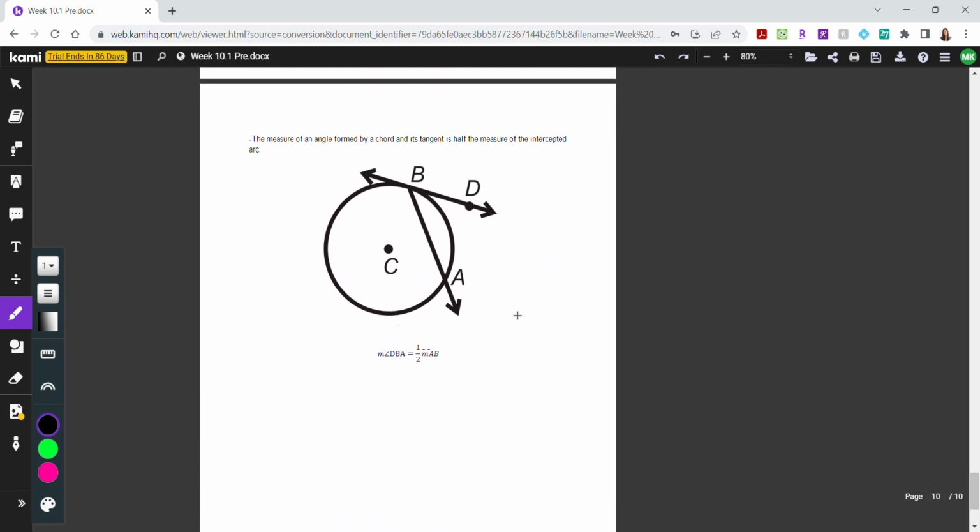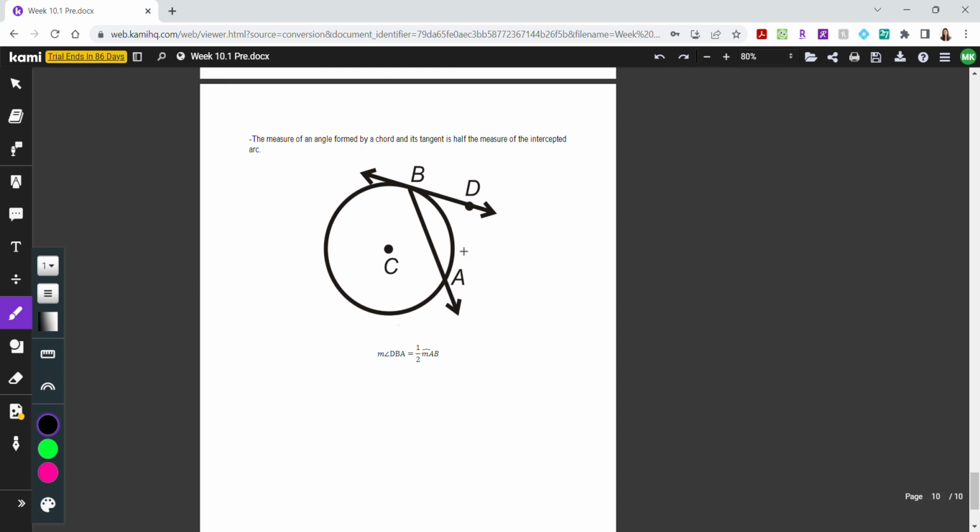All right, on to the last thing that we have for today: the measure of an angle formed by a chord and its tangent is half the measure of the intersected arc. So if we look, angle DBA is going to be equal to half of the measure of arc AB.